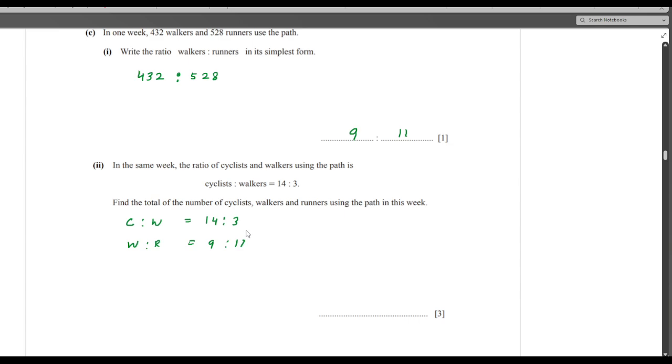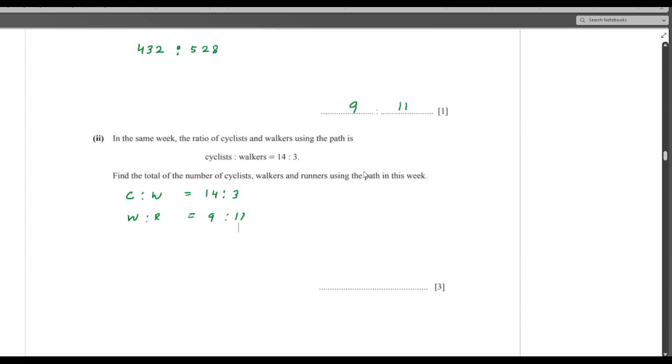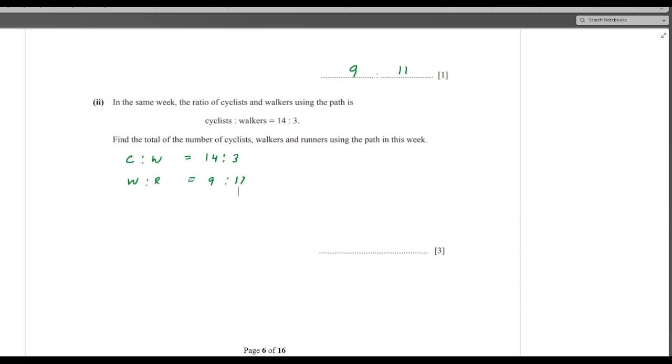Find the total number of cyclists, walkers and runners using the path in this week. So for that, first I will make the walker part of the ratio the same in both places. So here we will simply multiply by 3. So this is 42:9.